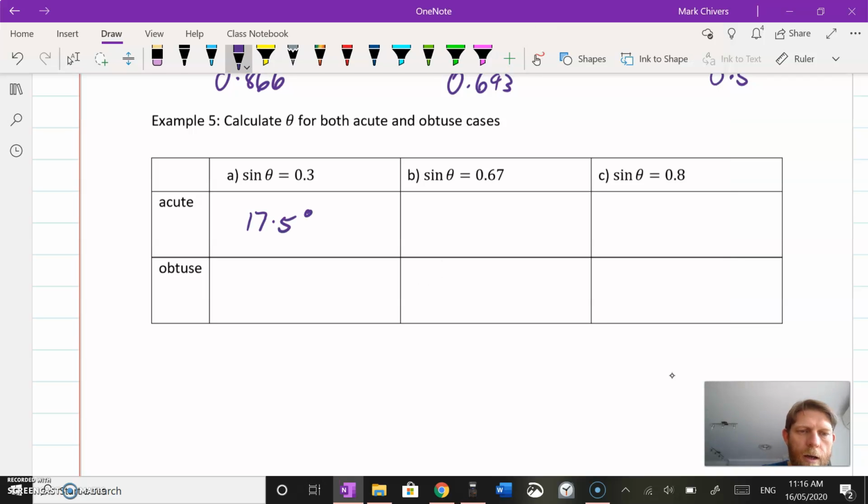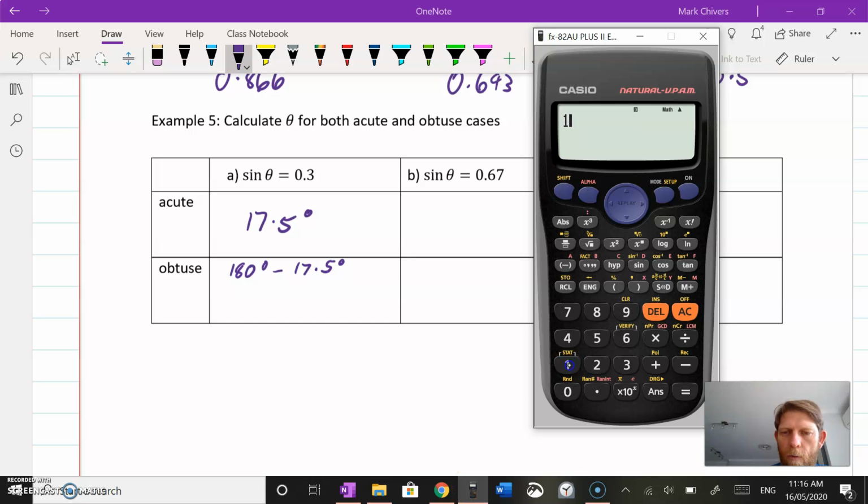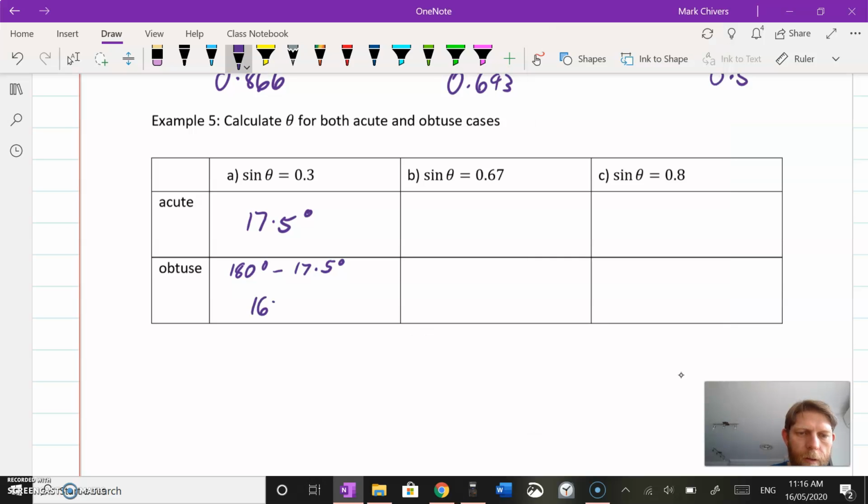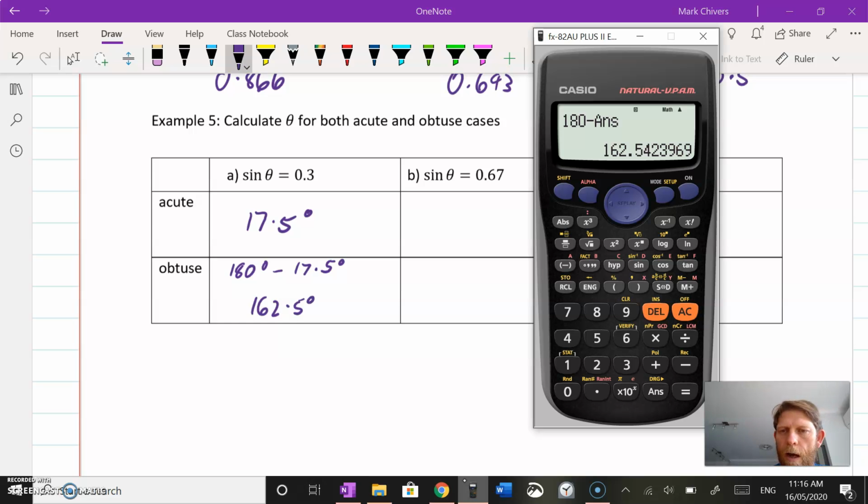Therefore, the obtuse angle is going to be 180 degrees minus 17.5 degrees. So if I go 180 minus answer, I'm going to get 162.5. And let's just check that out. If we do the sine of 162.5, obviously it's not going to be exactly the same because I've simplified it a little bit. We end up very close to 0.3, which should only be in the rounding that it's any different.